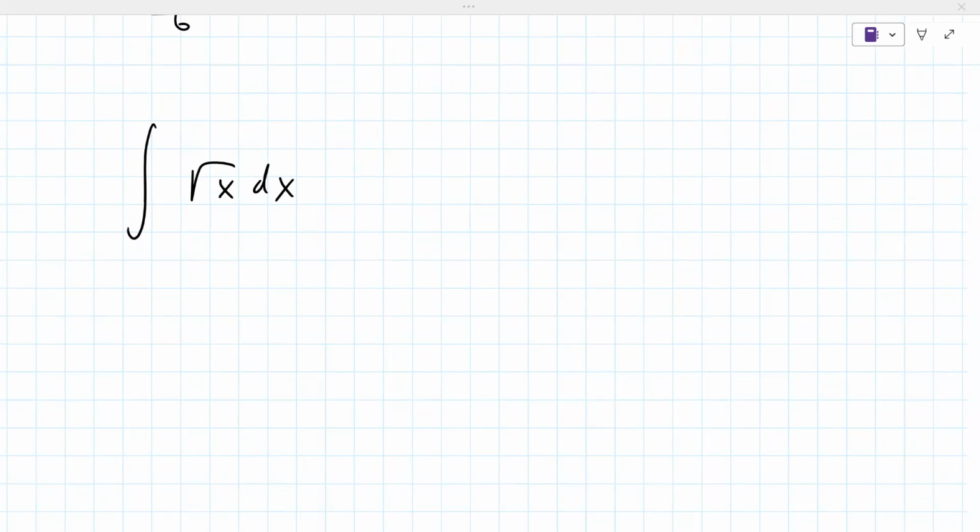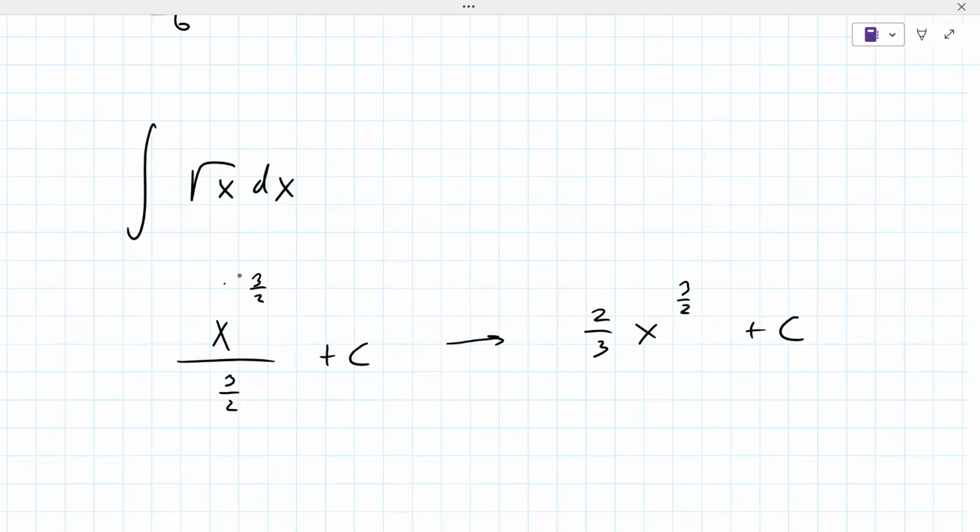So x to the 3/2 over 3/2. So it ends up being x to the 3/2 over 3/2 plus c. Then you have to know how to deal with that fraction, which is 2/3 x to the 3/2 power plus c.